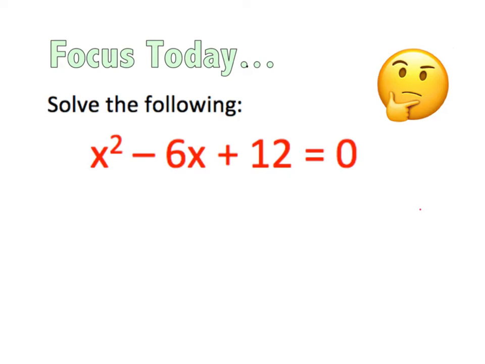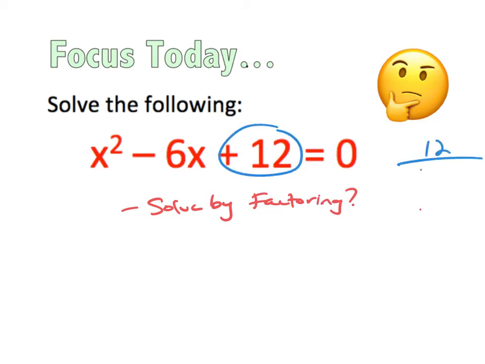If you were asked to solve this, so far we have three techniques, right? We know how to solve by factoring, and so we could check to see if this is factorable. And to do that, we would look at the last term here, positive 12, 1 and negative 12.